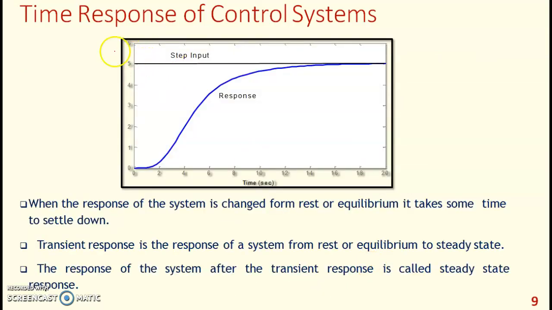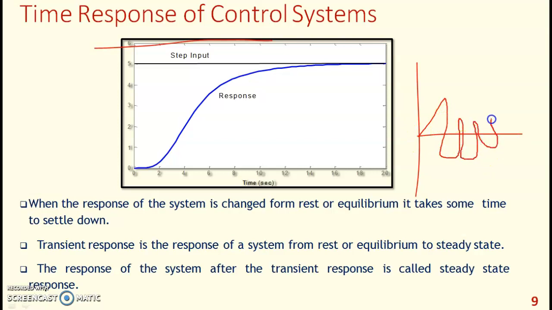This is the response curve, the step response, which takes a certain time period. With respect to time, when the response of the system changes from rest or equilibrium, it takes some time to settle. If it is in equilibrium, equilibrium means it is steady state. This state is called equilibrium. Under steady state condition, the response will be constant.